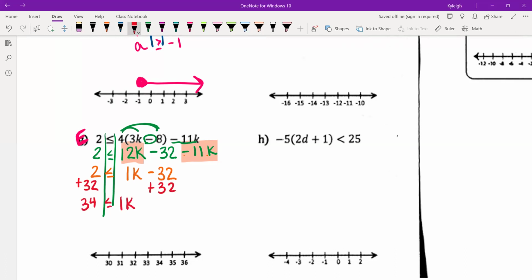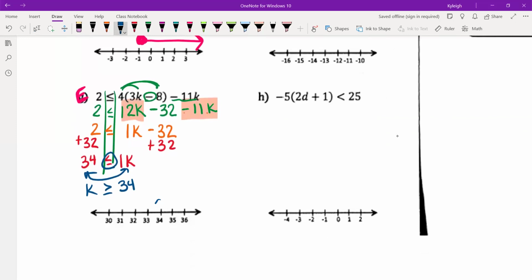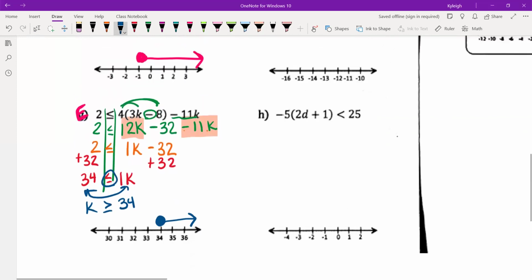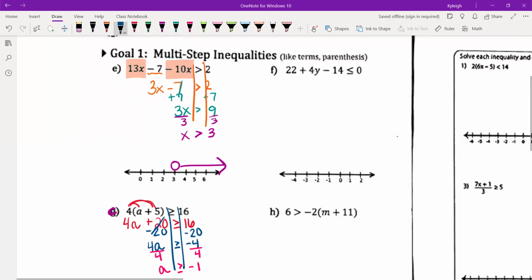And in order to graph, our k has to come first. So we got k, flip this sign, 34. So we know k is greater than or equal to 34, so it's a closed circle going to the right.